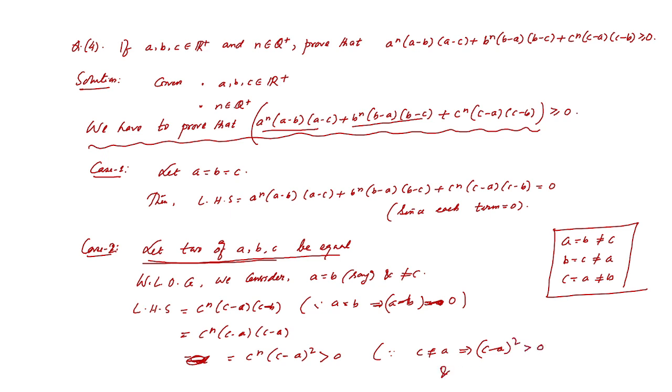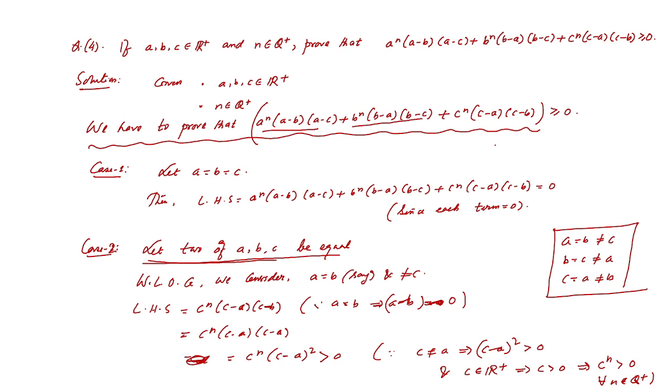And c is already given as a positive real number, c belongs to R plus, so c is greater than 0. This implies c to the power n is always greater than 0 for all n belonging to Q plus. So in the second case, this big expression is always strictly greater than 0.